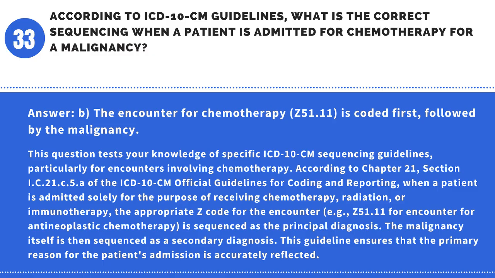According to Chapter 21, Section I.C.21.c.5.a of the ICD-10-CM official guidelines for coding and reporting, when a patient is admitted solely for the purpose of receiving chemotherapy, radiation, or immunotherapy, the appropriate Z code for the encounter, e.g., Z51.11 for encounter for antineoplastic chemotherapy, is sequenced as the principal diagnosis. The malignancy itself is then sequenced as a secondary diagnosis. This guideline ensures that the primary reason for the patient's admission is accurately reflected.